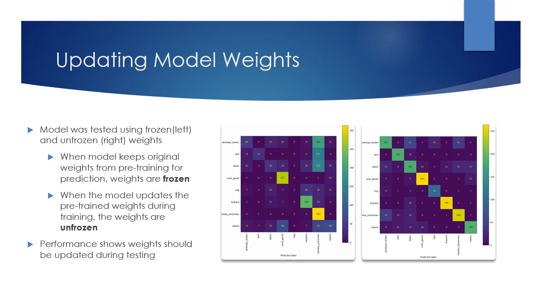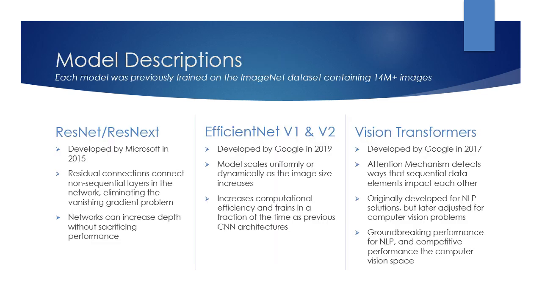So it just shows that updating the weights tailors the model much more to this classification problem. And for all testing done, the weights remained unfrozen to specifically tailor the model to this image classification task.